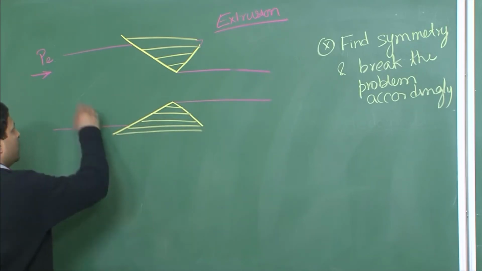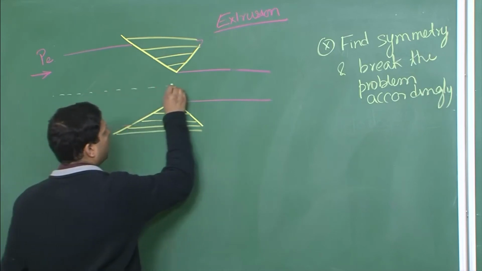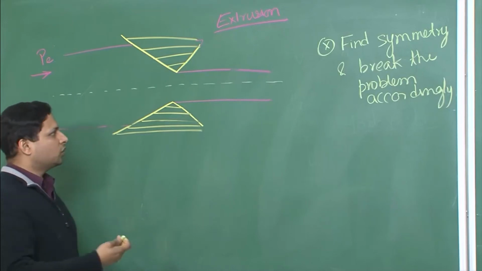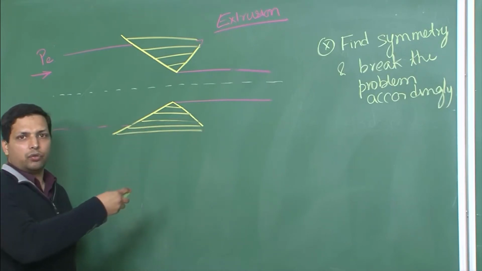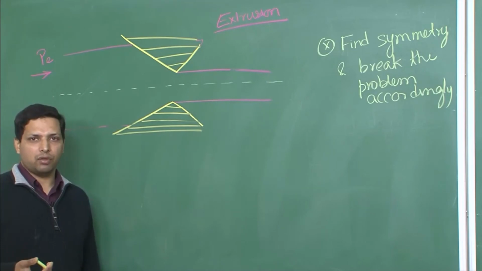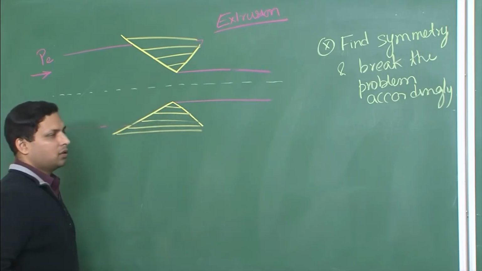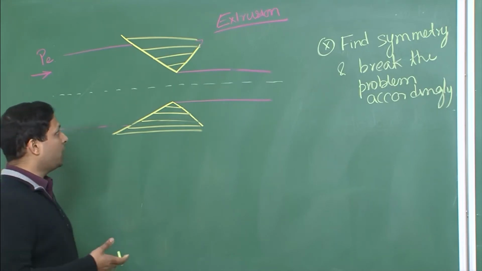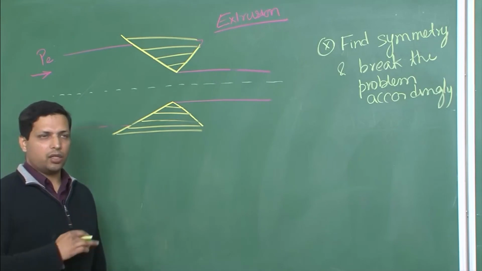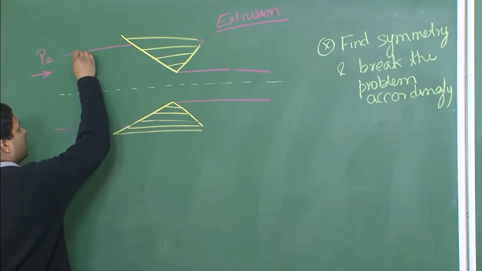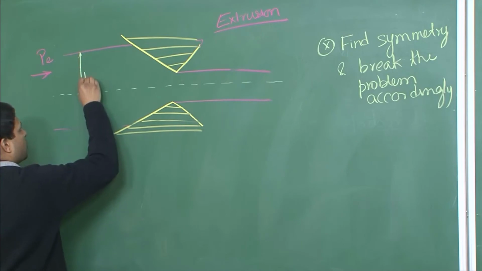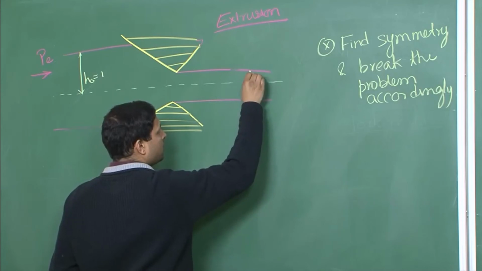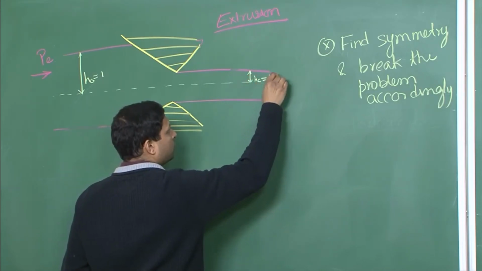So, we will only consider one half. Whatever happens in the one half will also be occurring in the other half, so all our solution would be valid even if we calculate only for one half. We cannot reduce this problem to any simpler geometry; we do not see any more symmetry over here. So, we will continue with this. Let us say that it is given that H naught over here is 1 and this He is equal to 1 by 2.